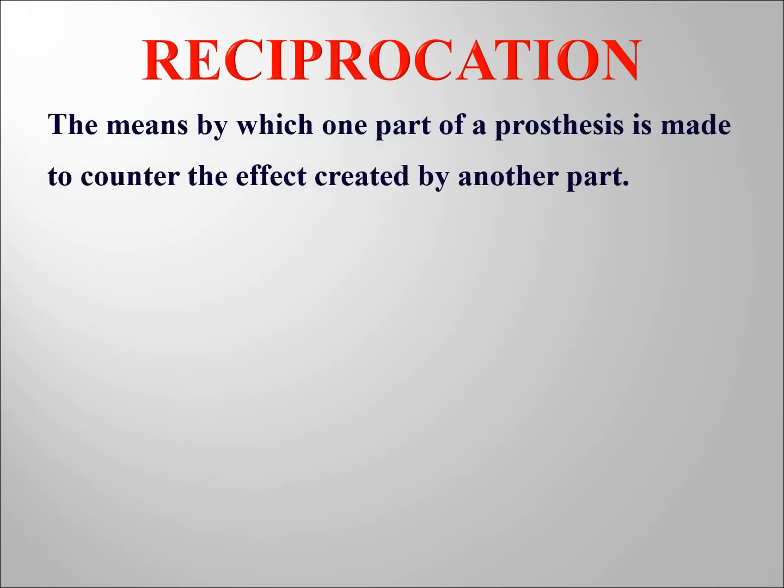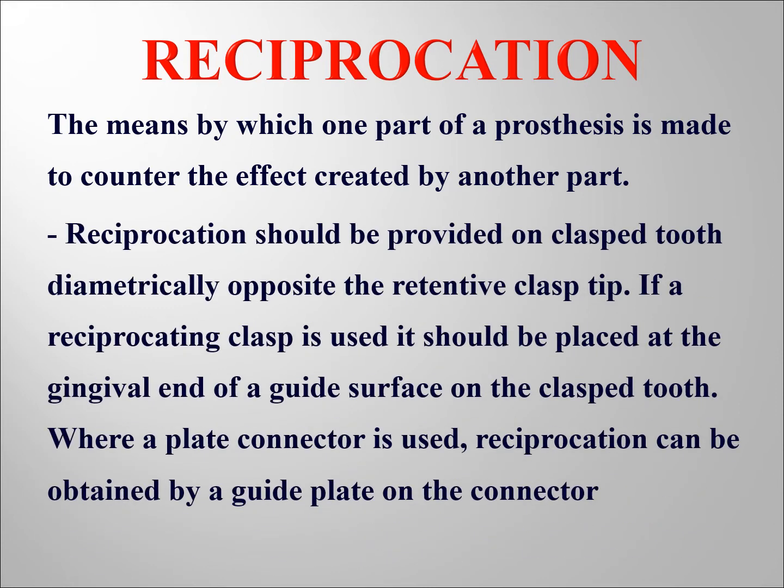Reciprocation, the means by which one part of the prosthesis is made to counter the effect created by another part. Now, reciprocation is needed for the clasp assembly to prevent horizontal movement that is actually caused by the retentive tip, as it goes below and above the survey line.